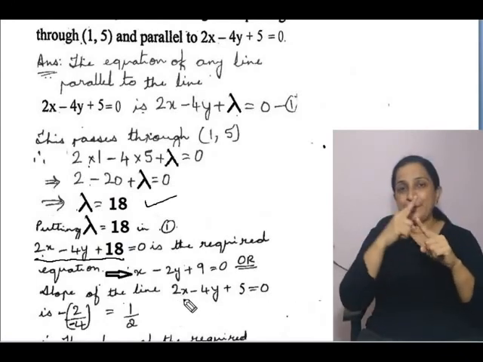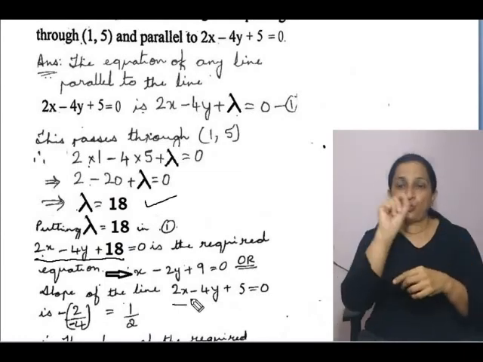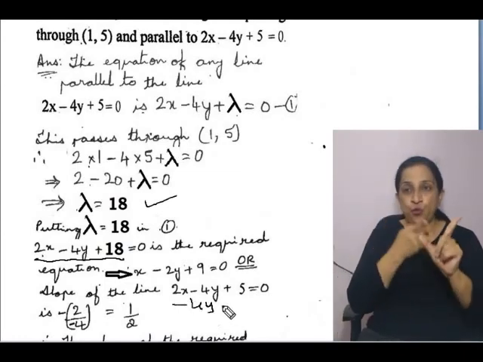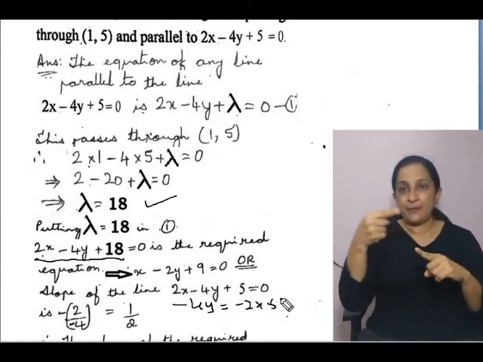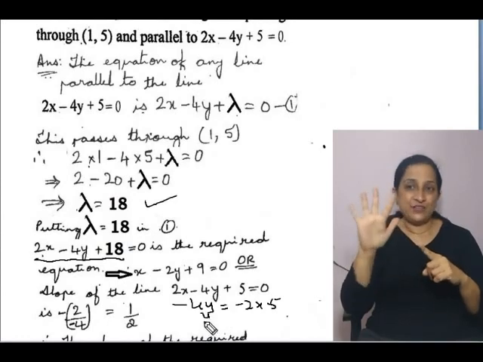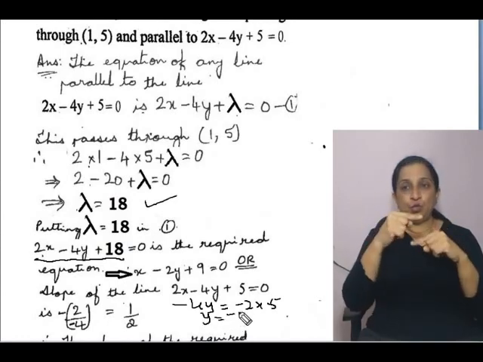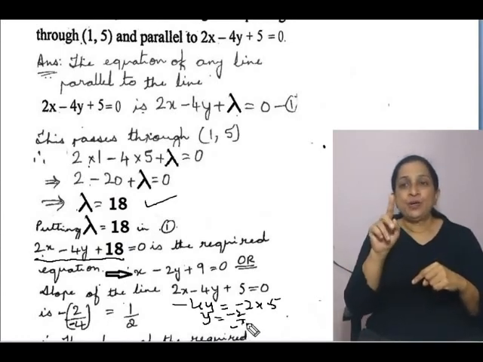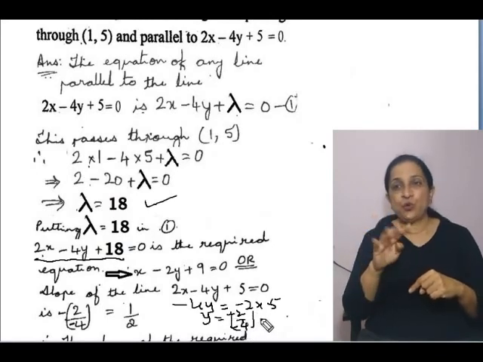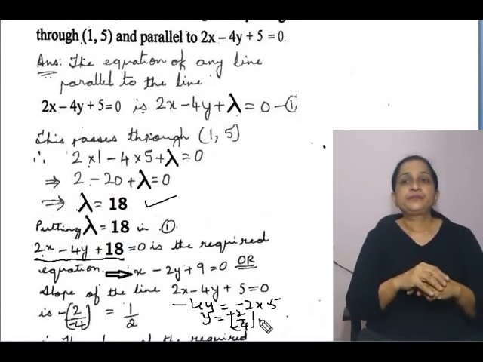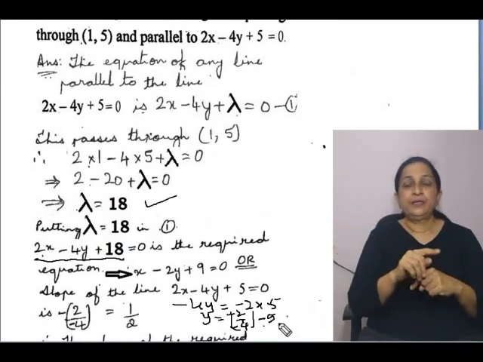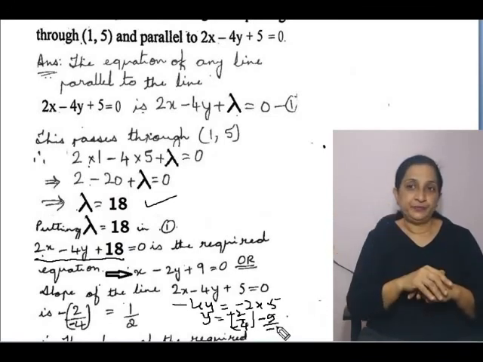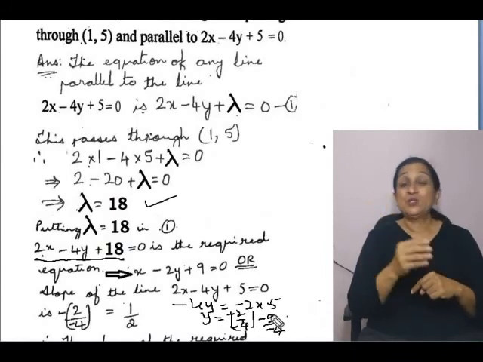Then minus 4y is equal to minus 2x minus 18, or y is equal to minus 2 by minus 4 x, minus 18 divided by minus 4.